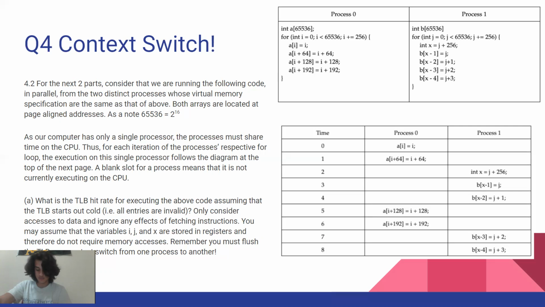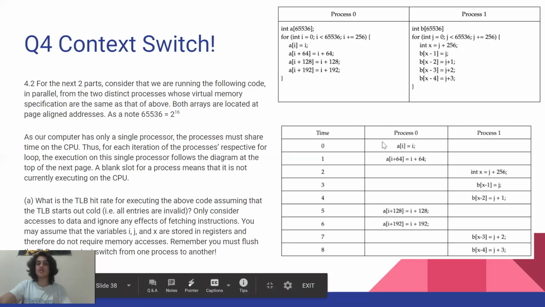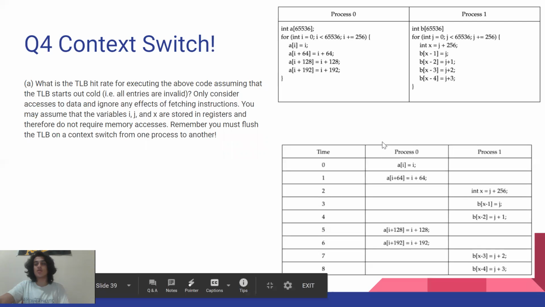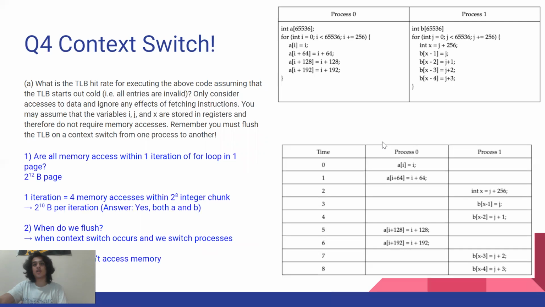We have to remember our page size calculation and how that corresponds to accessing these arrays. When we walk through it, we look at whether all memory accesses within one iteration of a for loop are in one page, because if so, it never results in a page fault within one iteration.